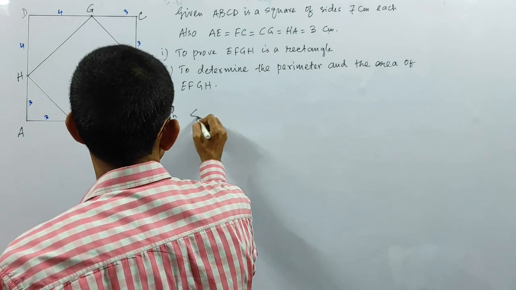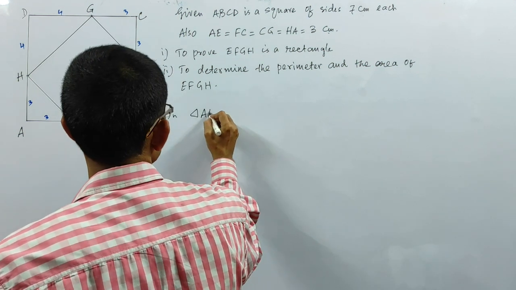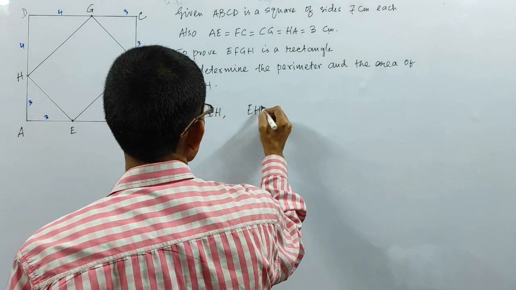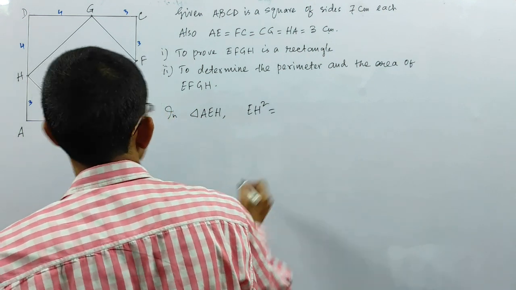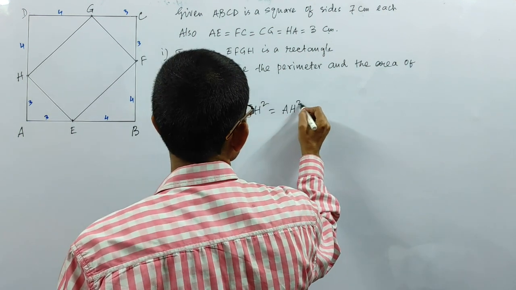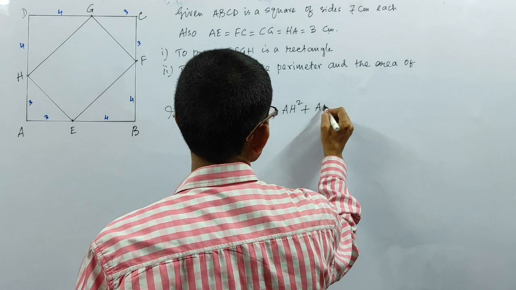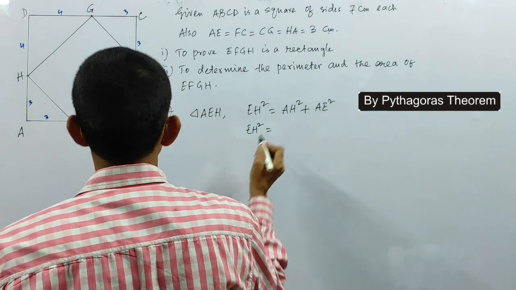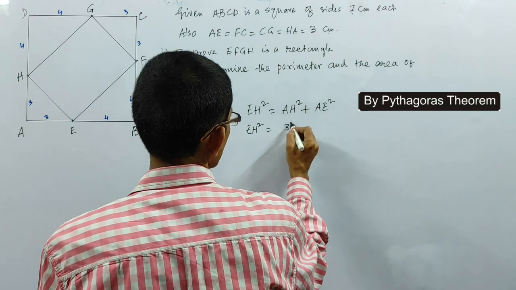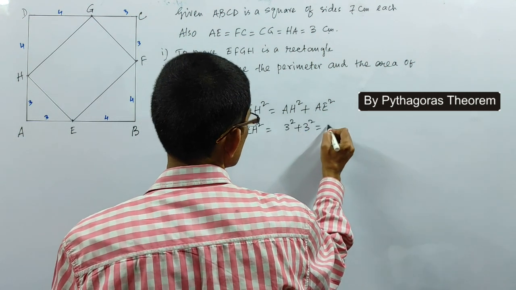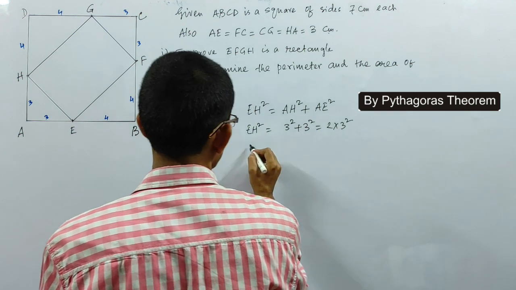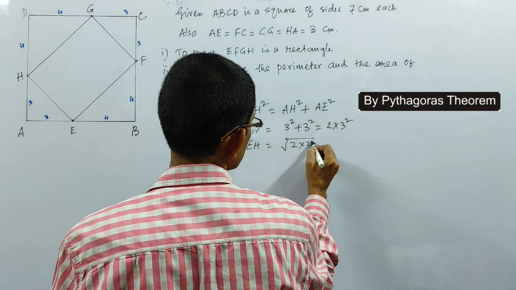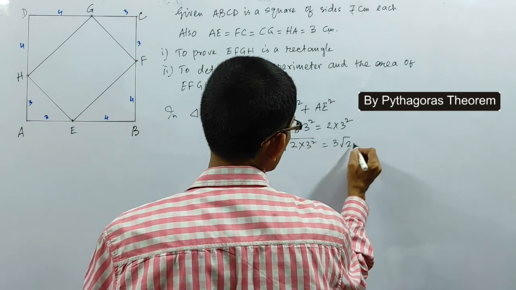In triangle AEH, EH square is equal to AH square plus AE square. Write the measures of AH and AE. 3 square plus 3 square, that is 2 multiplied by 3 square, or EH is equal to square root under 2 multiplied by 3 square, so 3 root 2 centimeter.